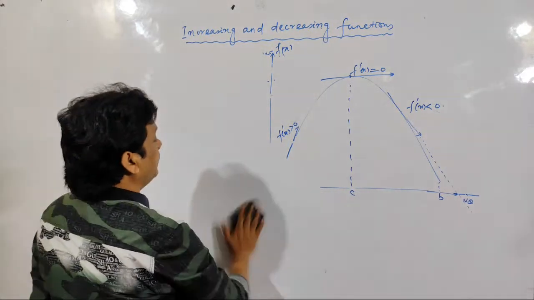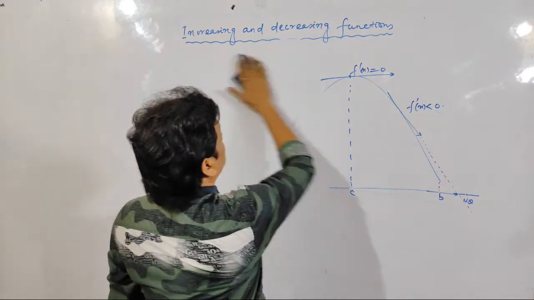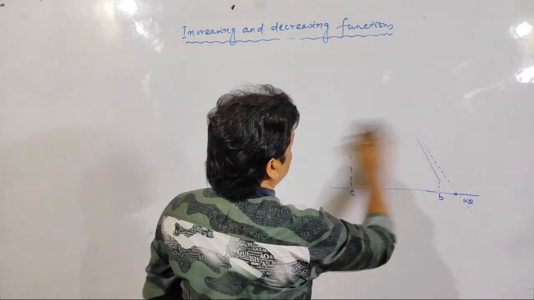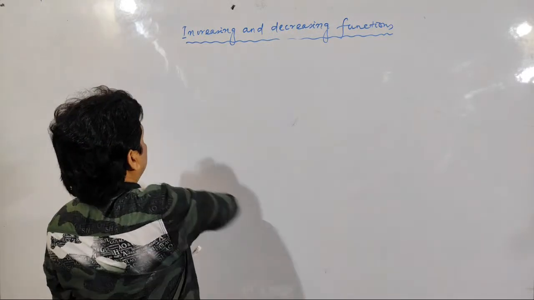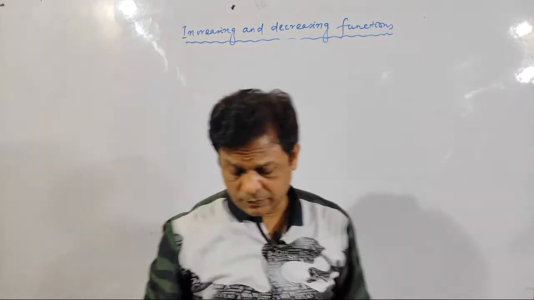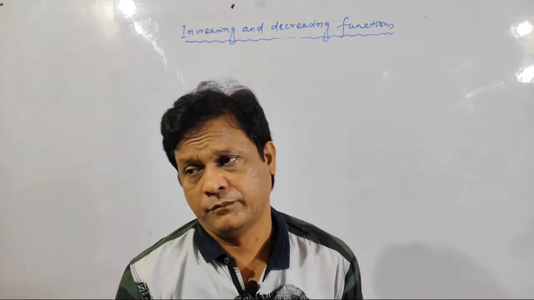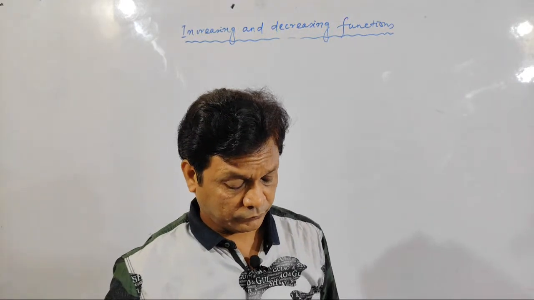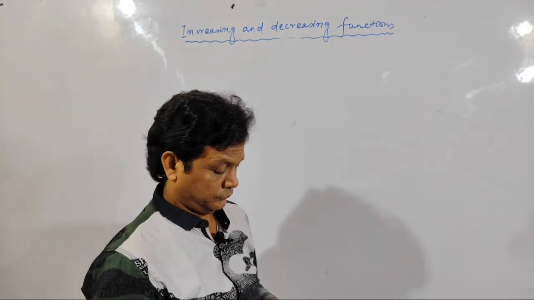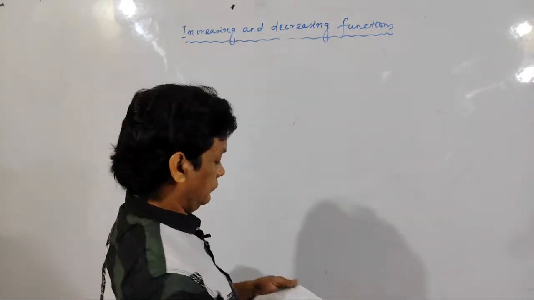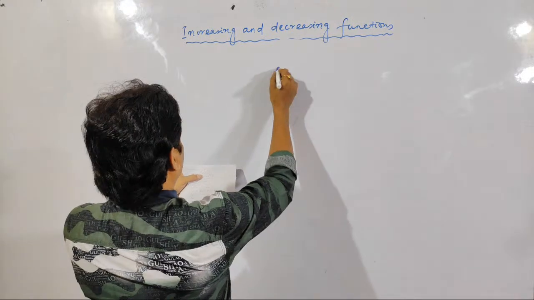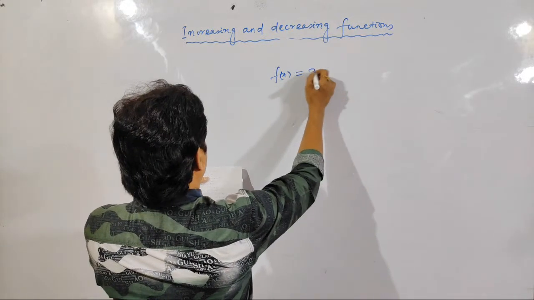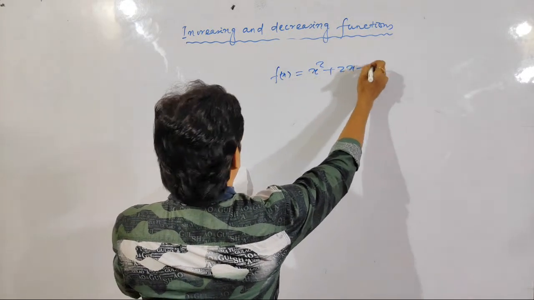Now from the very beginning I have told you that I will take only a few seconds to solve the problems. F of x is equal to x square plus 2x minus 5.